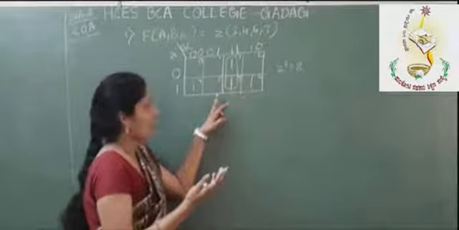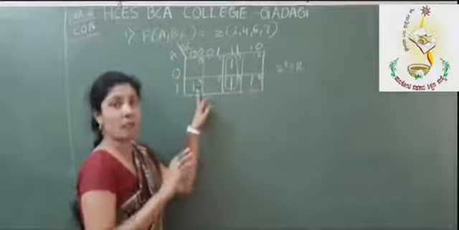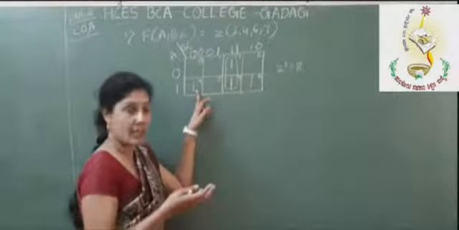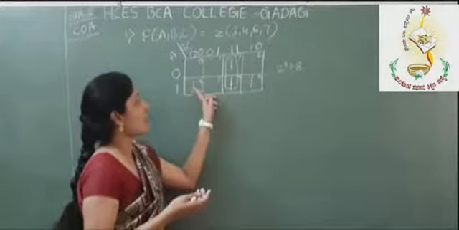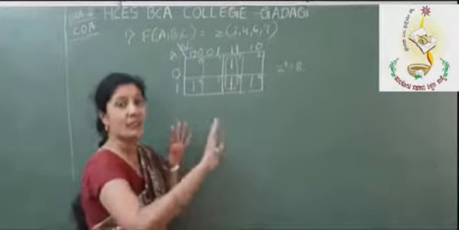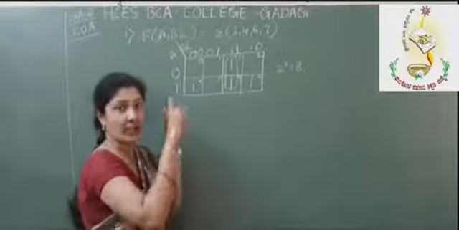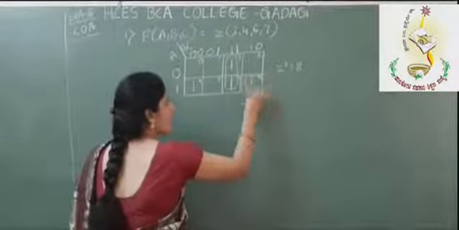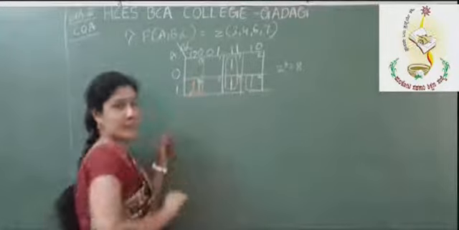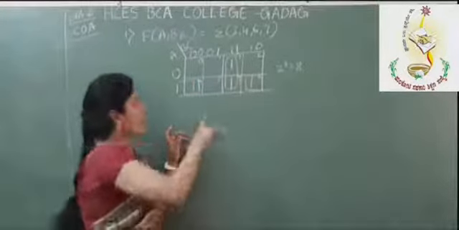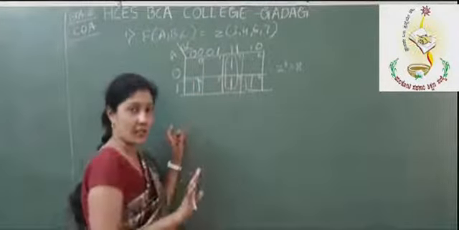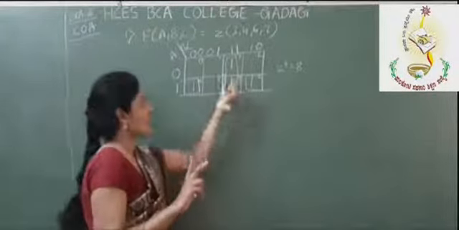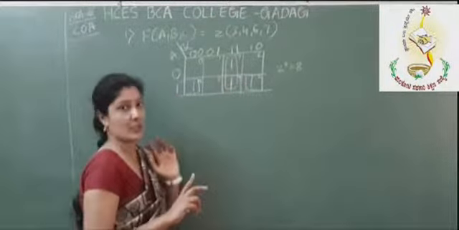Instead of that, this and this can be paired. As I told you in the last class, the ones at the terminal of the K-map can be paired. Therefore, this can be paired with this. So all the values are covered. Hence there are only two pairs.